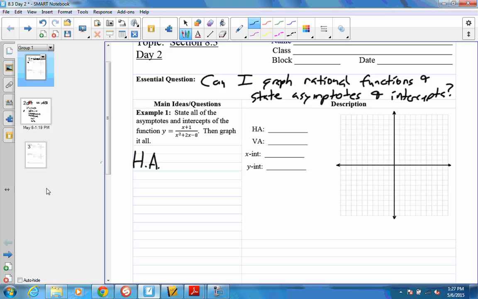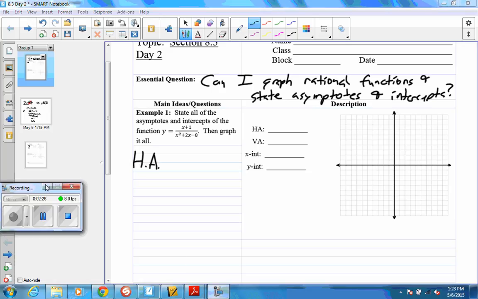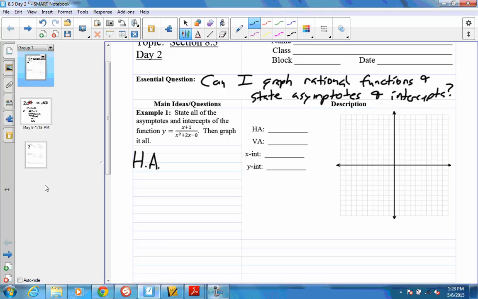So which rule am I looking at? It's rule 1, we agreed. So that means I have a horizontal asymptote at y equals 0, right? I'm just going to erase this because I don't need it.